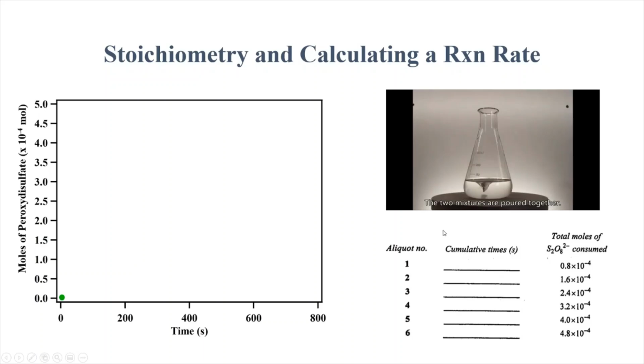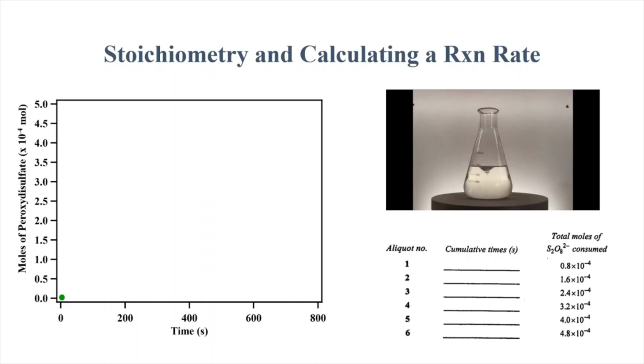So now let's take a look at what's going to happen with this as we go on in time. So now what you would do is, as soon as you mix them together, that would be time 0. So you would start your clock the minute you mixed it together, because the reaction begins.